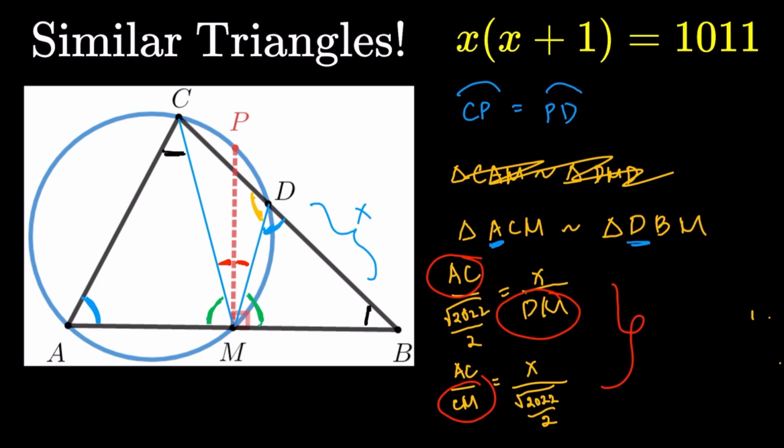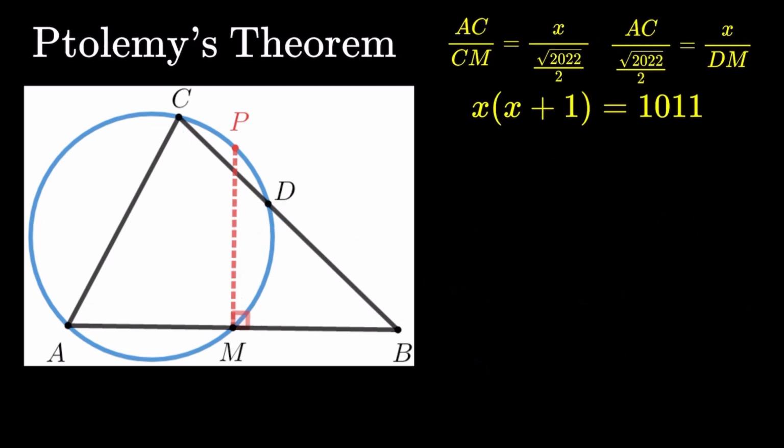And since we have a cyclic quadrilateral, one of the more well-known theorems in cyclic quadrilaterals is Ptolemy's theorem. All right. So these two similarities I've written down here, just for reference. And then this is the one for the power of a point that we got a while ago. Now, let's talk about Ptolemy's theorem.